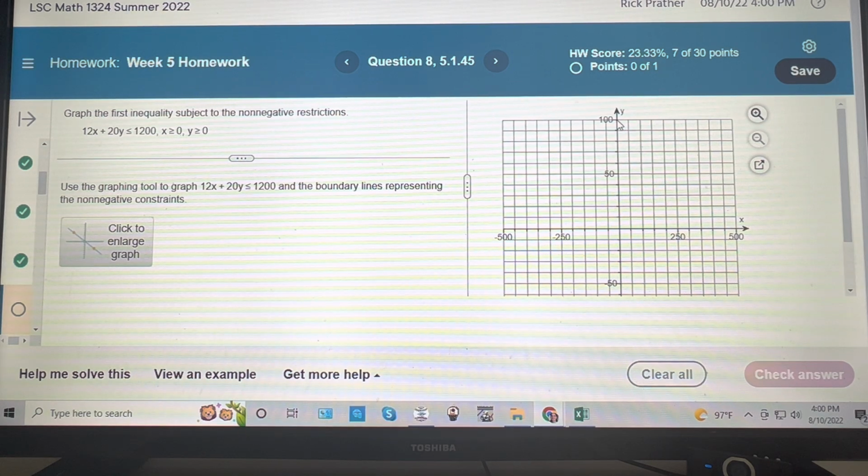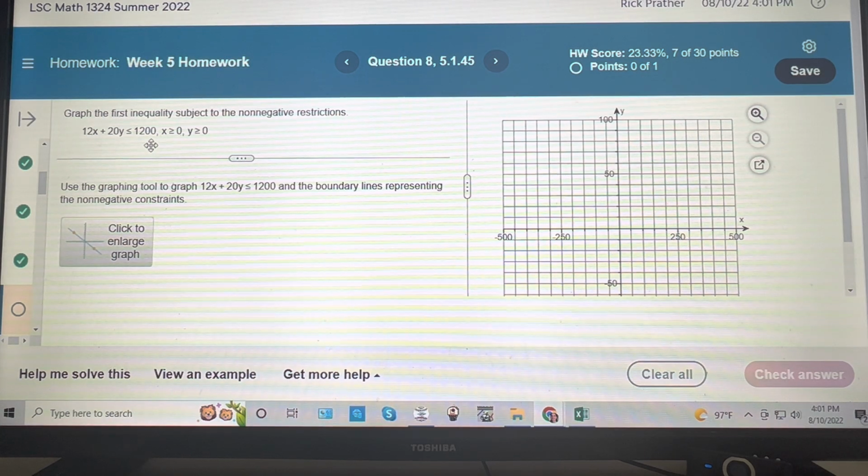And the reason for that is we're going to do problems where it costs us $12 to make a pencil, and it costs us $20 to make a pen, if we take all of our costs into account. We're a business, so we have to buy insurance, we have to rent a store, we have to pay our employees. All the expenses total cost us $12 for every pencil we make and $20 for every pen, or maybe it's cents too: 12 cents for every pencil and 20 cents for every pen.